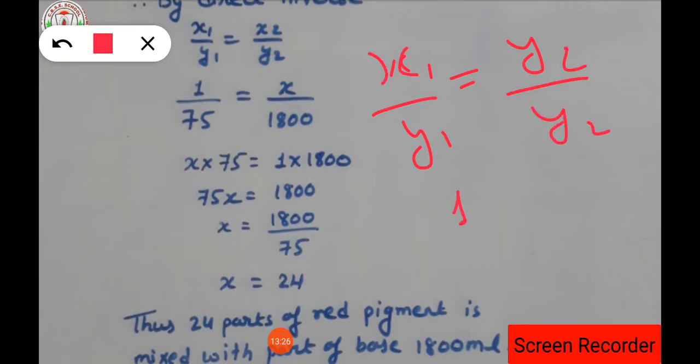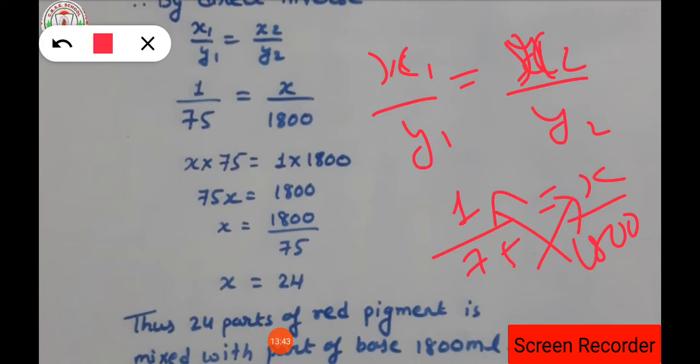Now x1 is 1 upon 75 is equal to x2 upon y2. Here is x2, isn't it? So x2 upon y2 is equal to x upon 1800. It will be cross multiplied, that is x into 75 is equal to 1 into 1800.